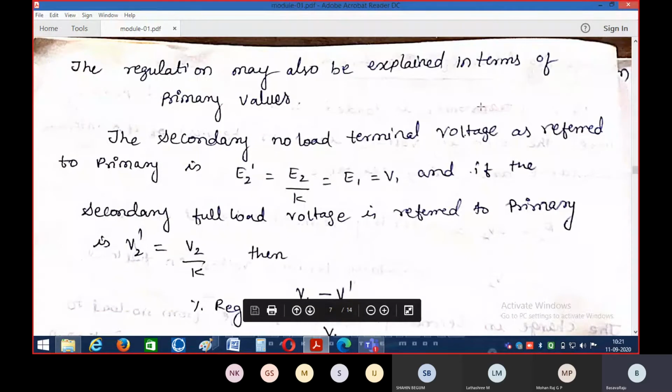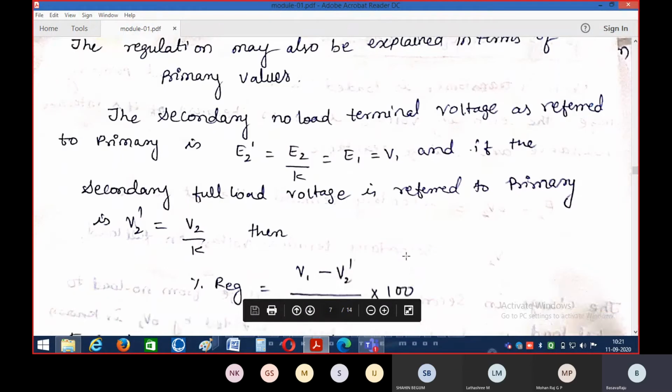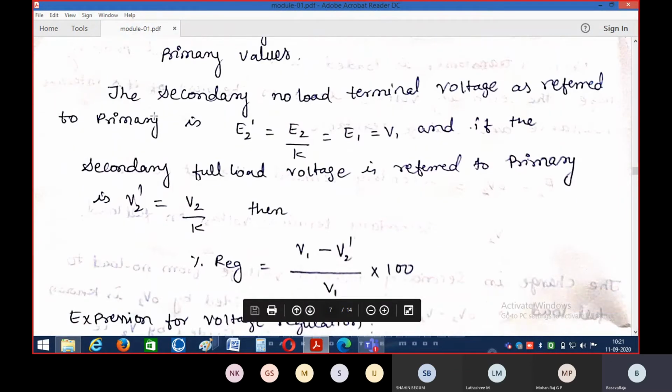So the regulation may be explained in terms of primary values also. Here I have represented it with respect to the primary. The secondary no load terminal voltage referred to the primary we can define as E2 dash, which is equal to E2 divided by K. Already we know this condition. E2 by K is equal to E1.